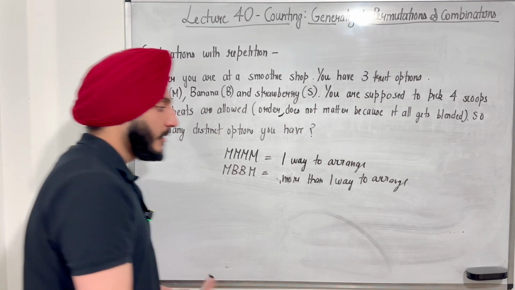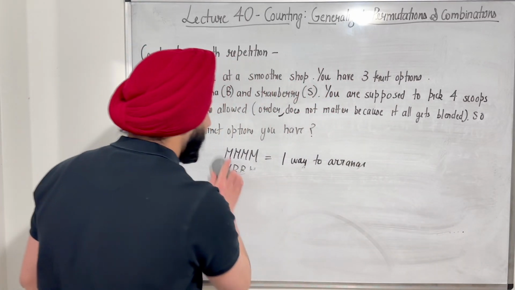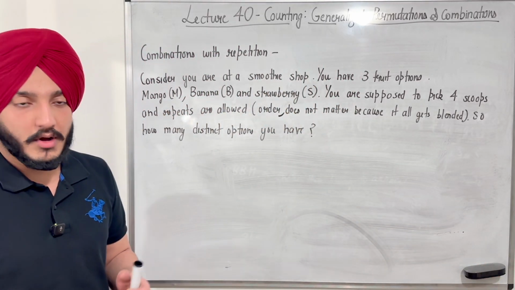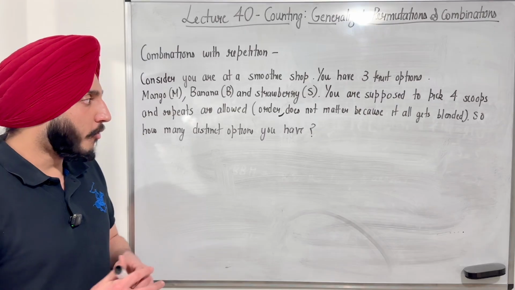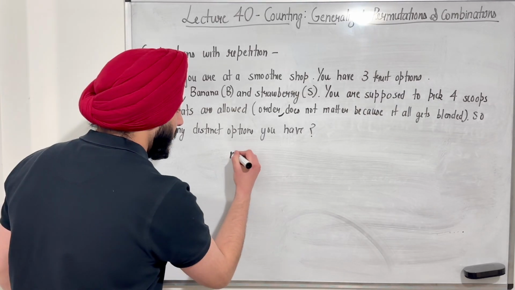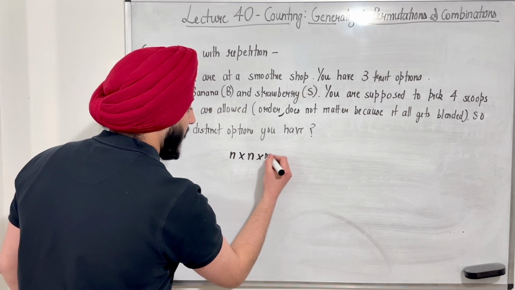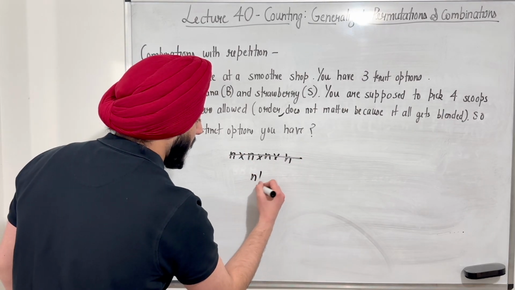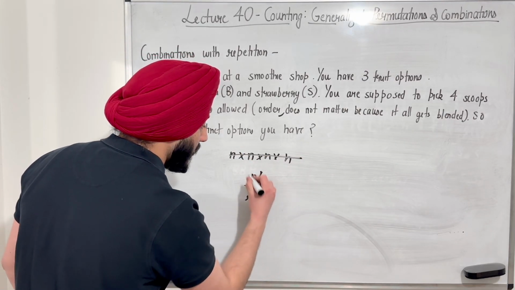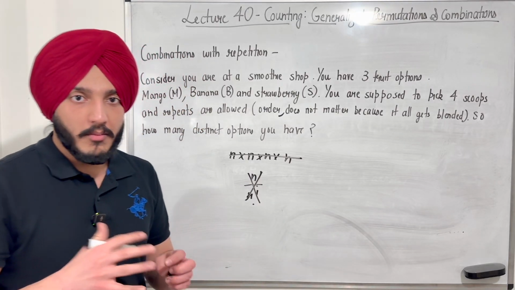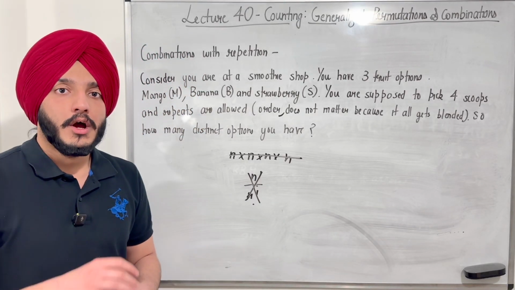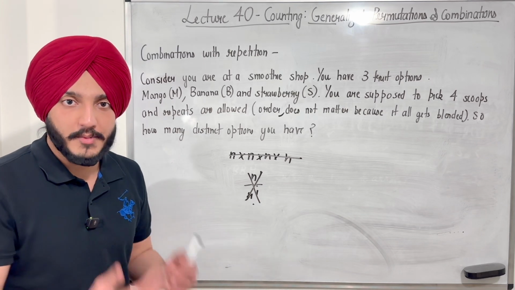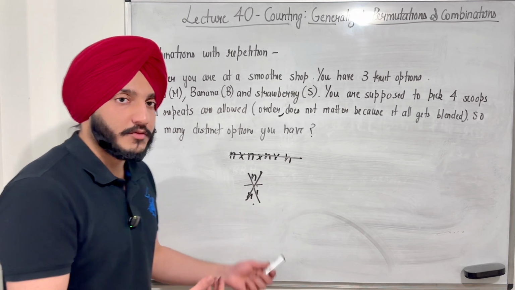Even if you had trouble understanding it, my point is that the n multiplied by n multiplied by n multiplied by n formula wouldn't work in this case, and n factorial by r factorial wouldn't work either. Any of the formulas we have covered so far wouldn't work, and I've tried to explain why these two formulas wouldn't work.